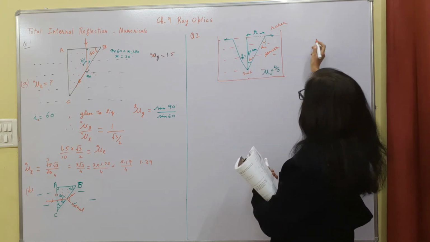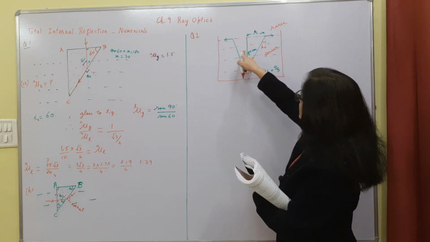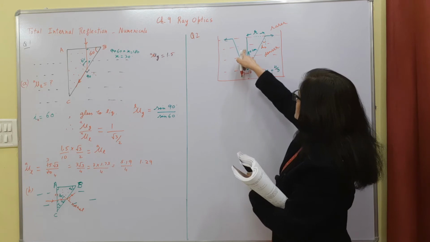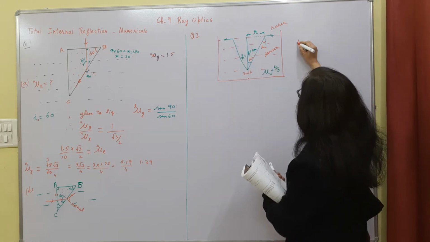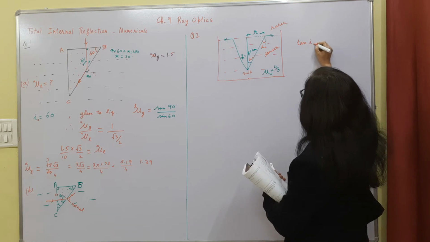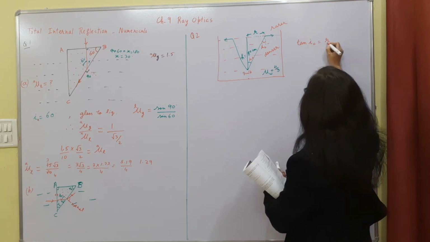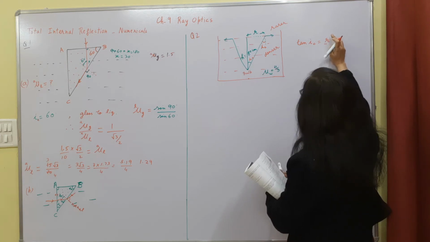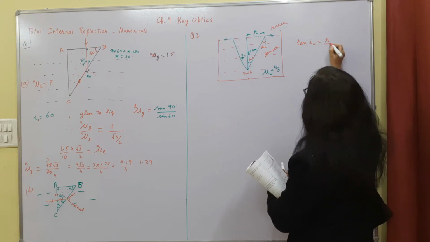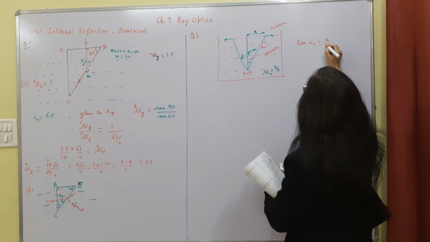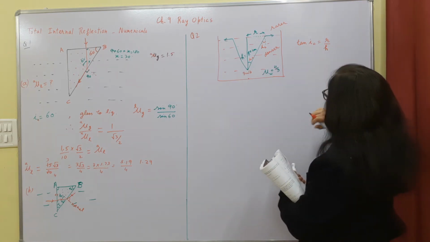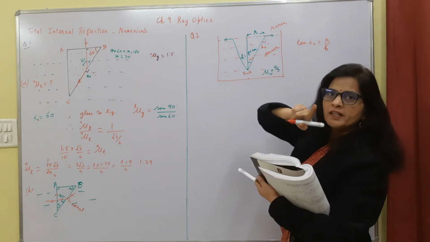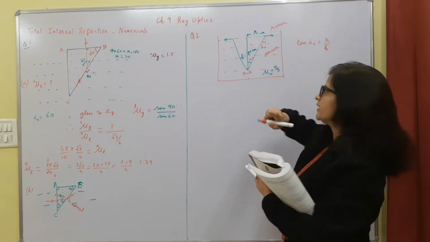We can write a relation between this base and perpendicular. So tan IC is perpendicular upon base. So this is R upon H. Also, we know a relation between the critical angle and the refractive index.